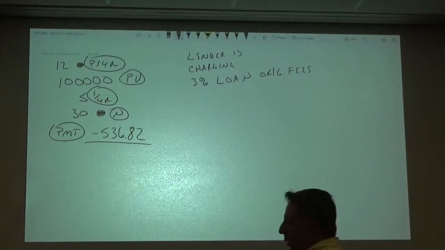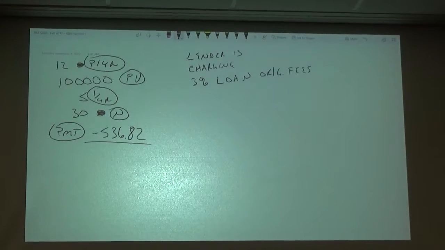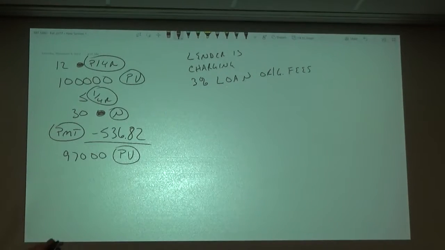Okay? So, given that my net disbursal as the lender is $97,000, I can simply put that in as effectively the $97,000 that I am providing to you as a loan.